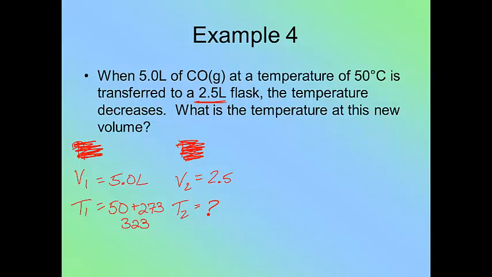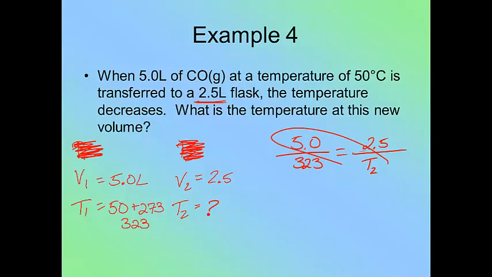Now we go back to our formula. So they didn't give me a P1, so I leave it out. 5.0 divided by T1, which is 323, is equal to V2, 2.5, over T2, because that's what we're solving for.